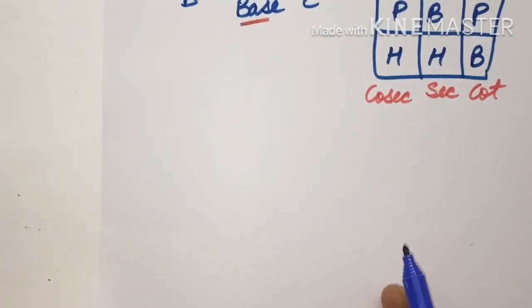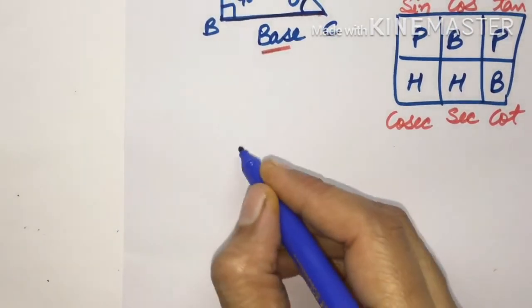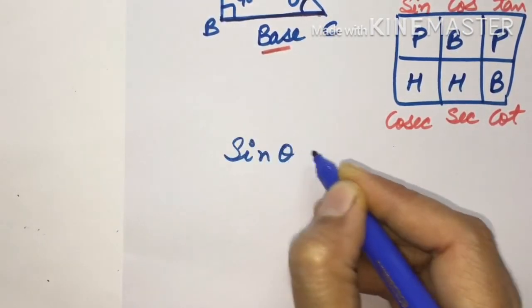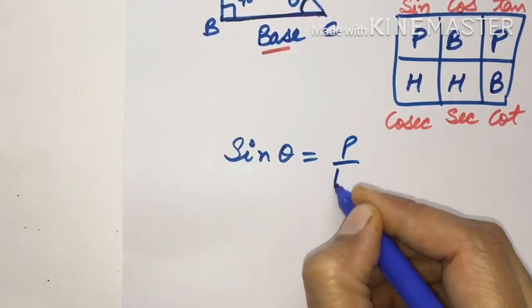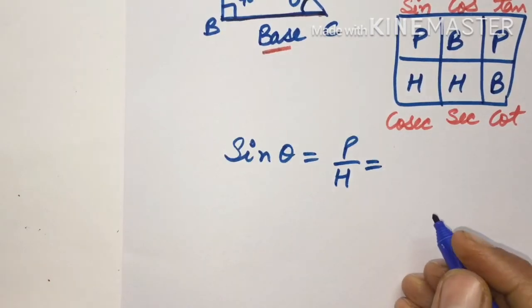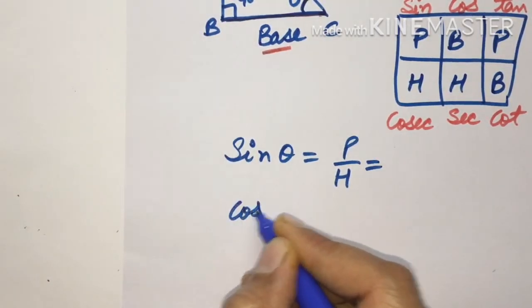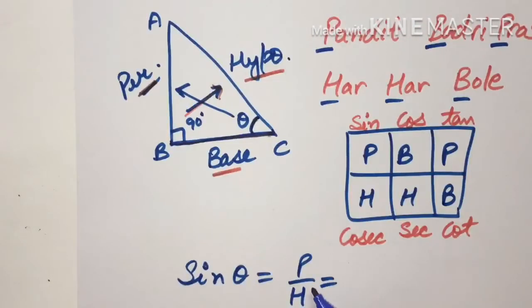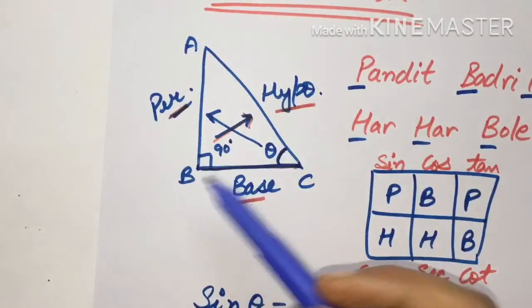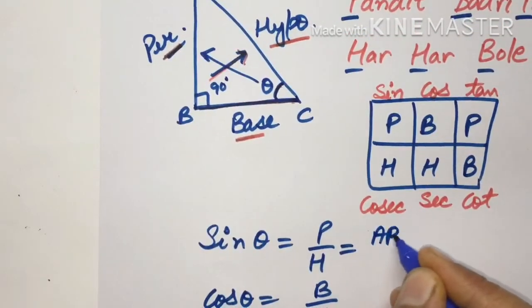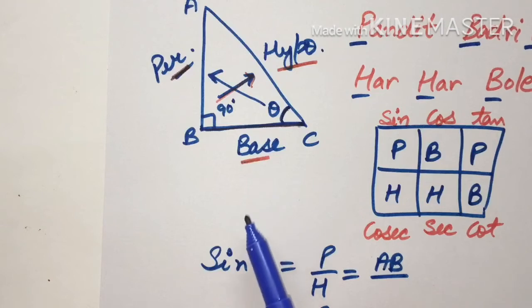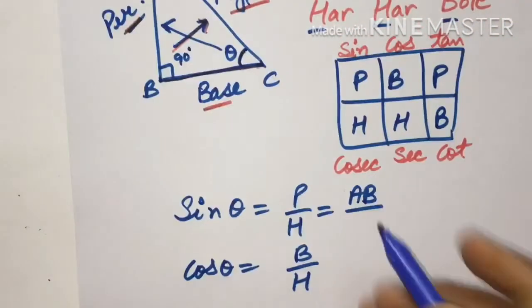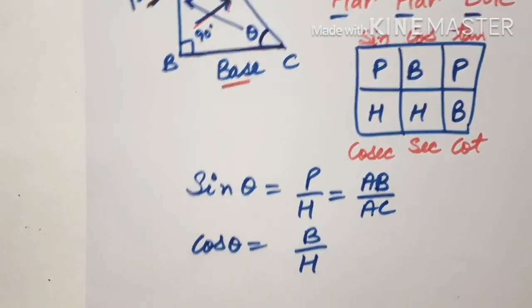So we will find the trigonometric ratios again. Sine theta is perpendicular upon hypotenuse. Cos theta is base upon hypotenuse. According to this triangle, perpendicular is AB, hypotenuse is AC, so sine theta is AB upon AC.